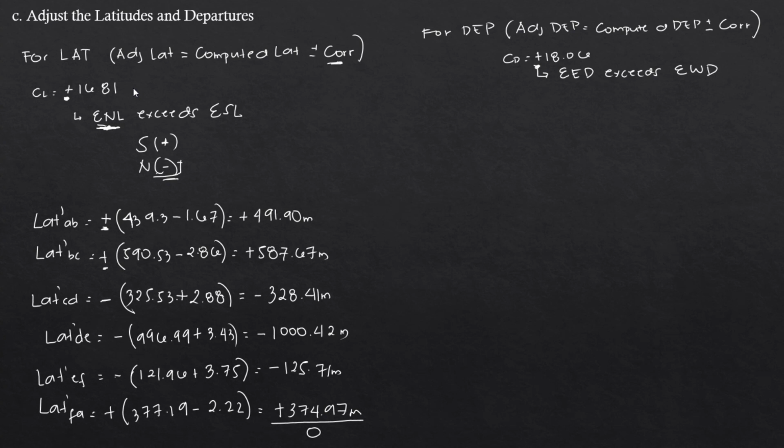Kaya nag-positive siya. So, ibig sabihin, magbabawas tayo sa east, magdadagdag tayo sa west. Okay? So, pag sa east, magbabawas. Sa west, magdadagdag tayo. Okay. So, kunin natin yung corrected departure. Departure sa course A, B. Okay, so check natin.